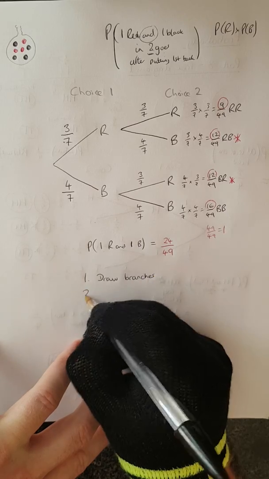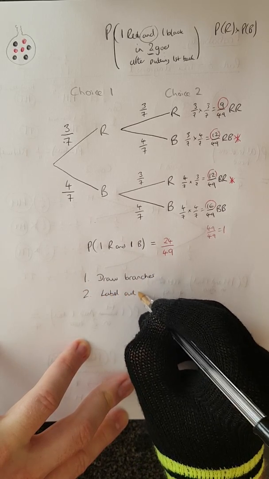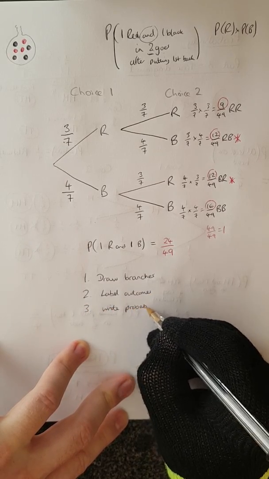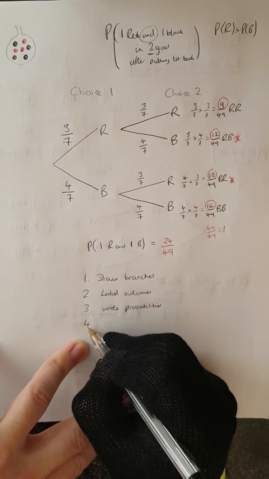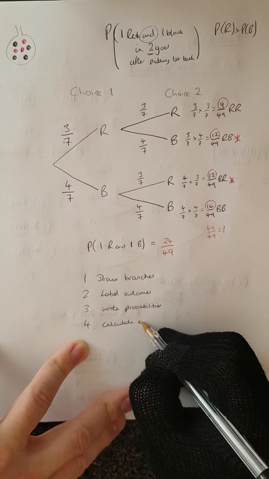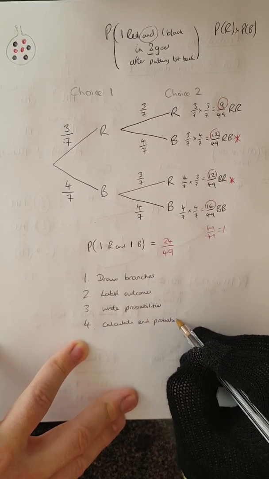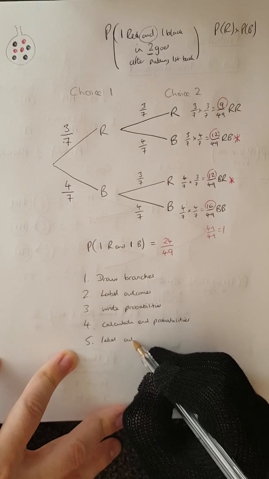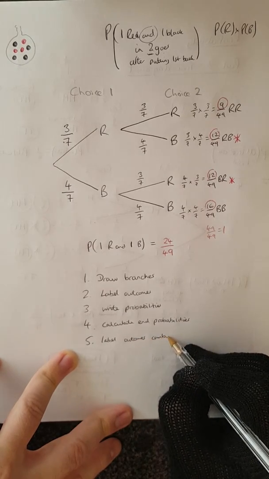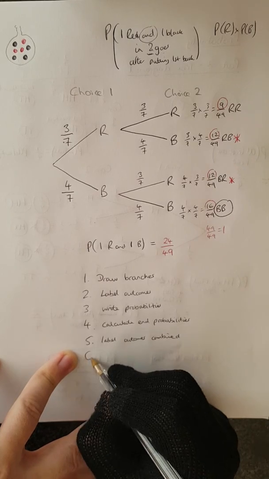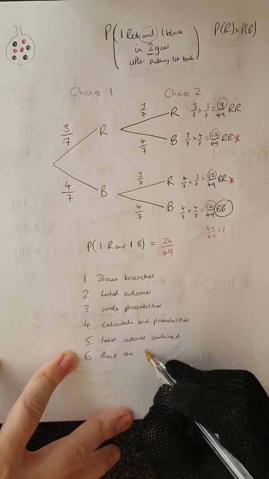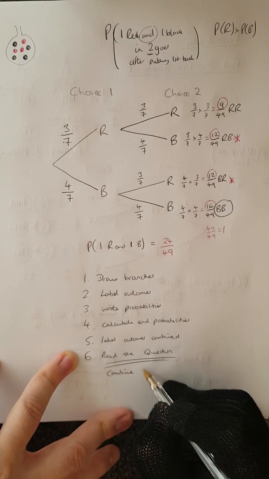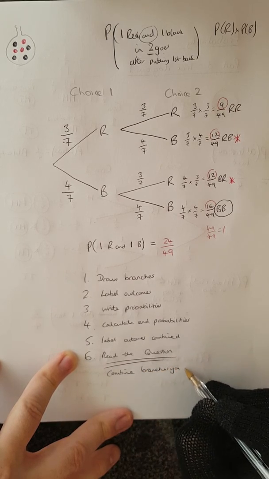So draw the branches, label the outcomes, write the probabilities, calculate the end probabilities, label the outcomes combined, that's here, and then 6, read the question, combine the branches you need.